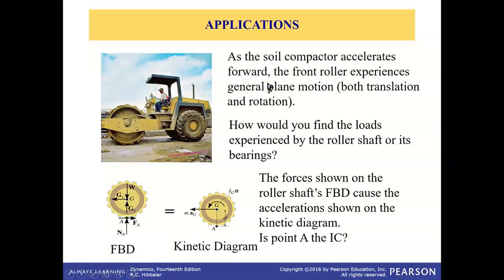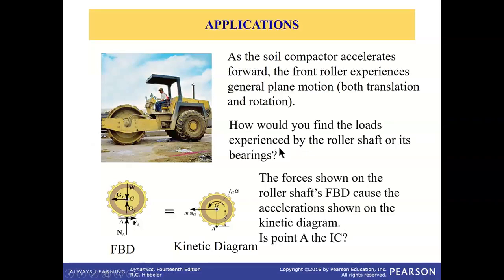As the soil compactor accelerates forward, the front roller experiences general plane motion. Do you agree with this? This is similar to the bicycle wheel. It not only rotates with respect to its center, but at the same time it also moves in the linear direction. So it rotates and translates, so it's in general plane motion.